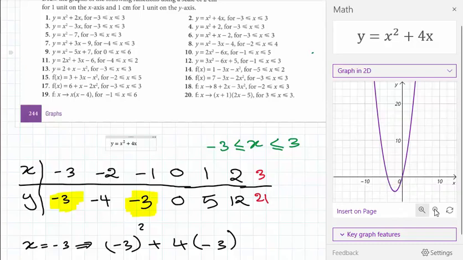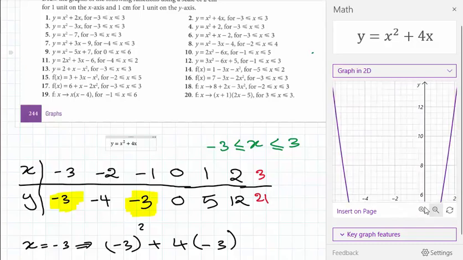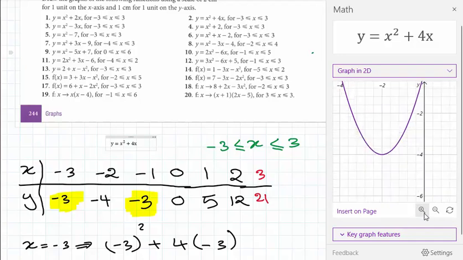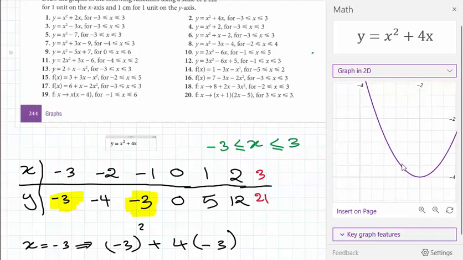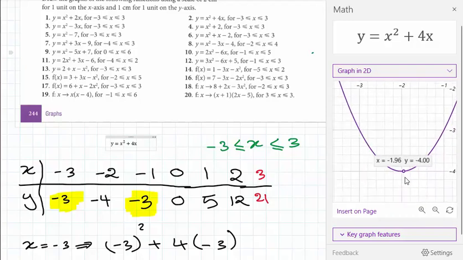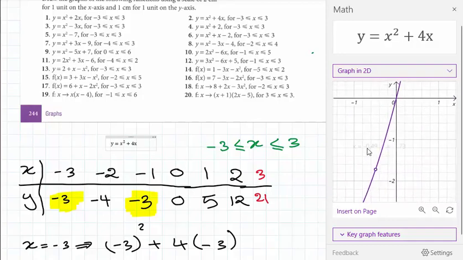As you see, it's all right. So we have -3, -3. -3 is right in front of -3. So the point is correct. -2, -4, as we have it here. -1, -3. So we did everything correct.